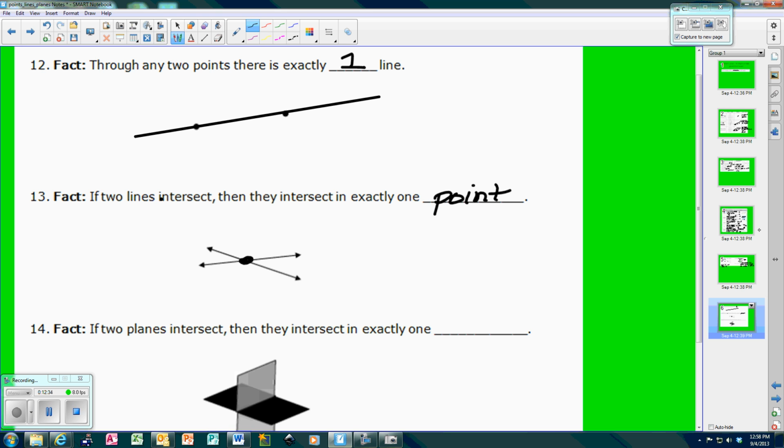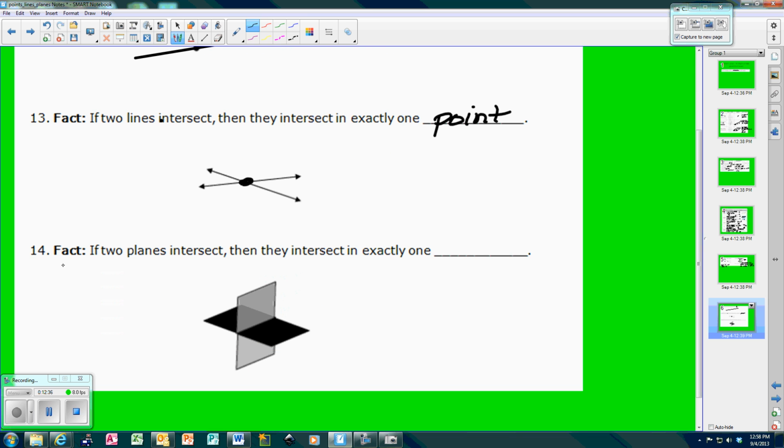Fact. If 2 planes intersect, they intersect at exactly 1 line. Notice, where these 2 intersect, there's a line that goes through here like this. Just like if you think about the wall in the room, you've got this wall over here, and then you've got this wall over here. When they intersect, they intersect at a line. The corner makes a line in the room.